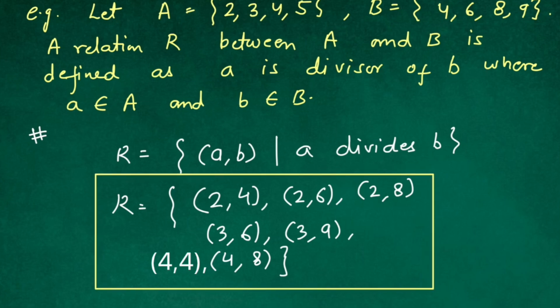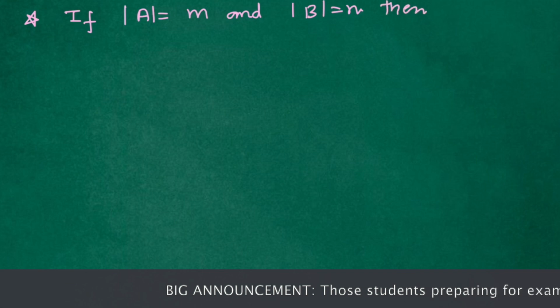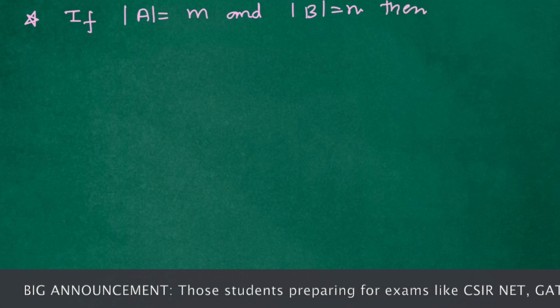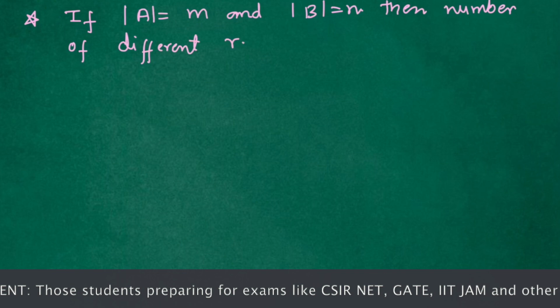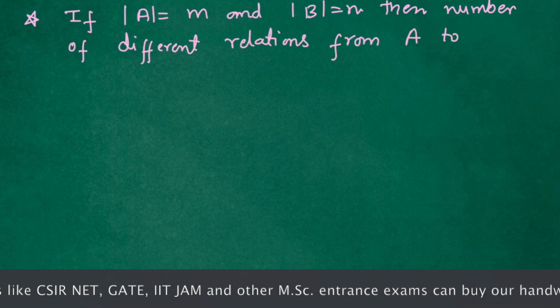Now let's see a key point which will be very useful for your exams, for your competitive exams. If the cardinality of set A is m and the cardinality of set B is n, then what will be the number of different relations from set A to B?